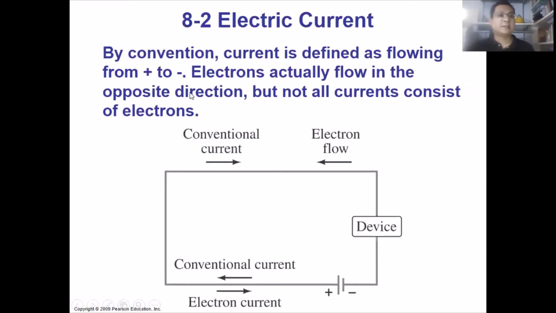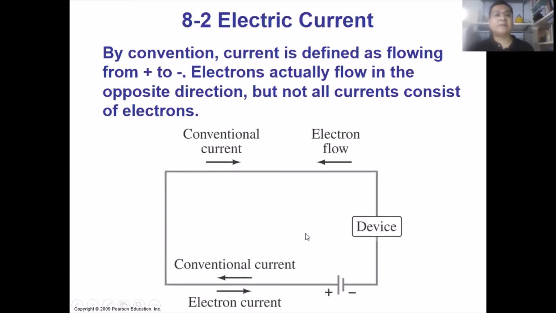Next slide. By convention, current is defined as flowing from positive to negative. Electrons actually flow in the opposite direction, but not all current consists of electrons. Actually, electrons jump from the negative to the positive.